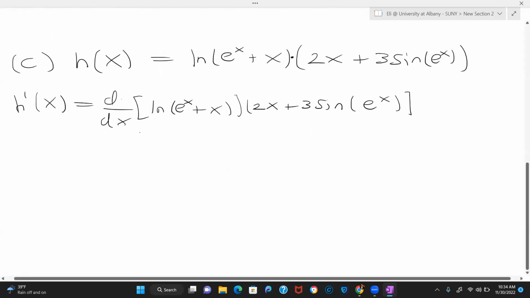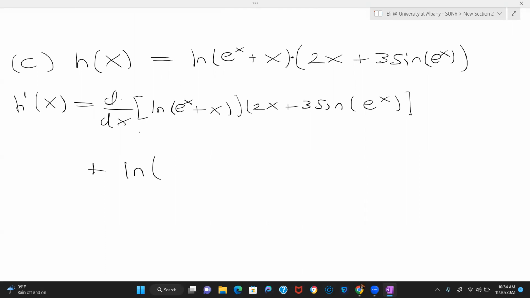And then I'm going to have to go on to the next line, but now we're going to add in this part right here. It's going to be plus the first function times the derivative of the second function.